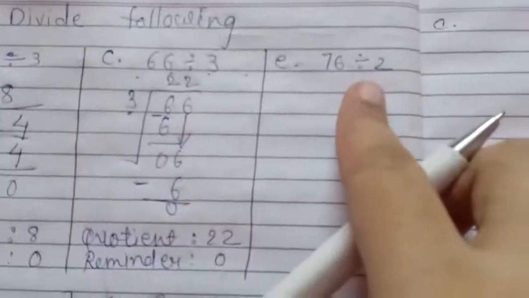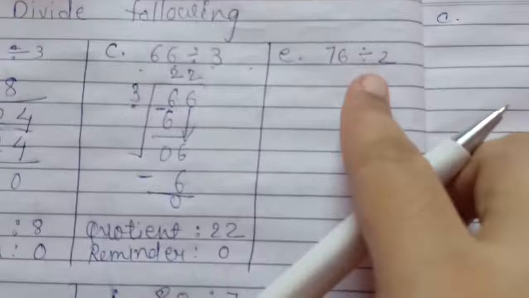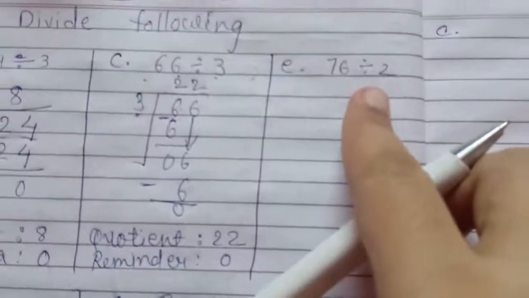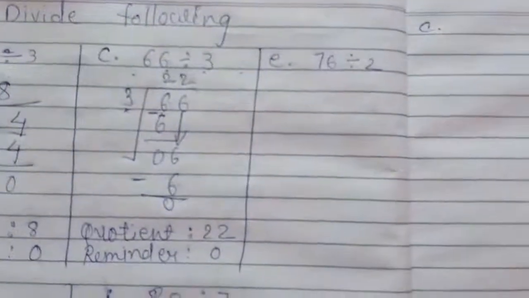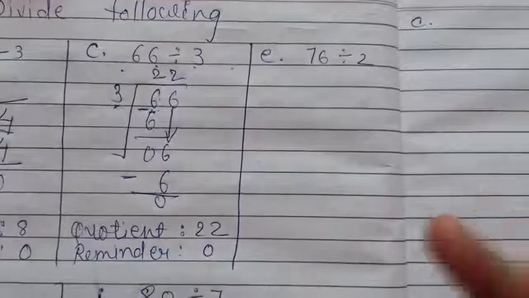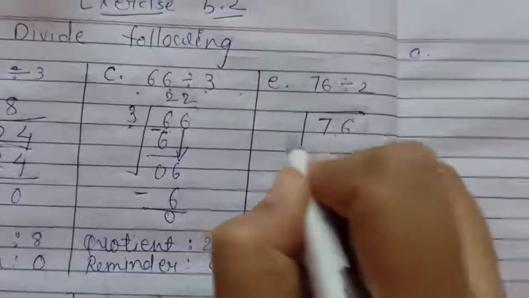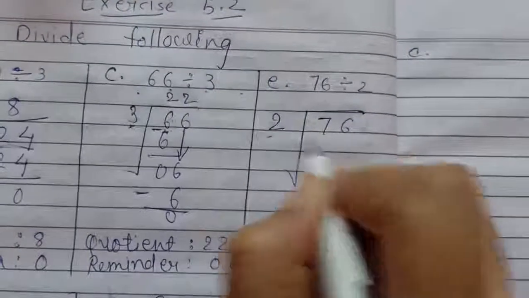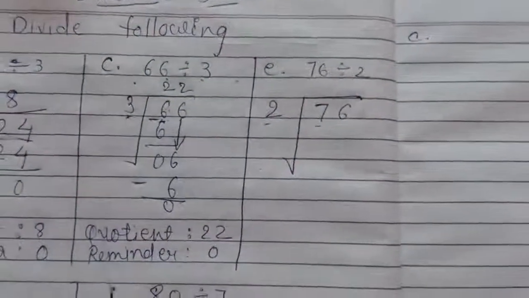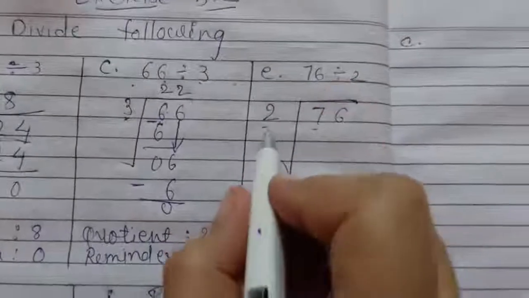Next, 76 divided by 2. So arrange it. 76 divided by 2, 2, and here is the 7. So we will divide one digit.